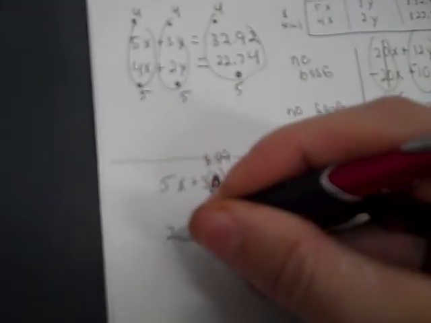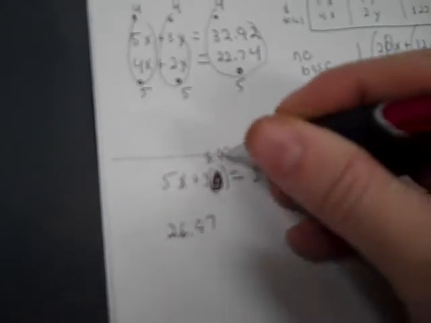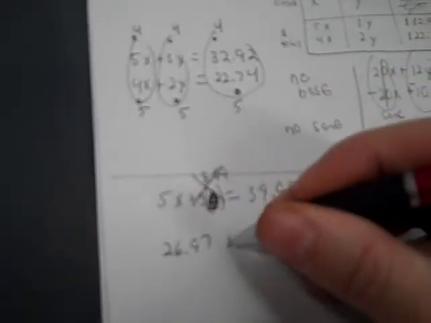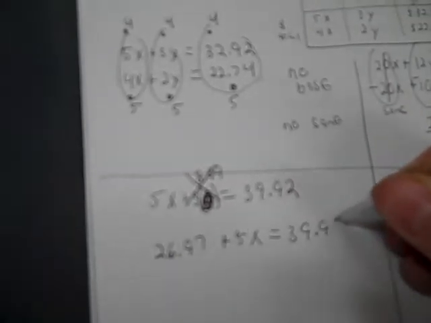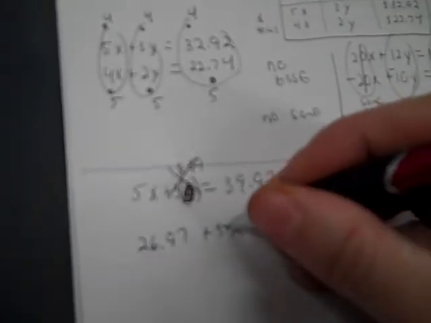We don't want that there. So 3 times 8.99 is 26.97. Then cross that out, and then plus 5x equals 39.92.